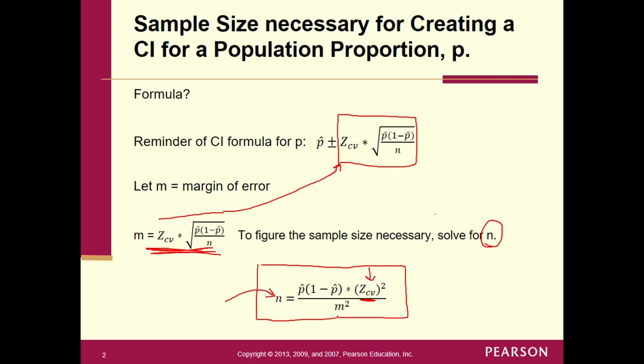Then here is m squared. What is m? That's the desired margin of error that we want. So if we have an idea of how large of a margin of error we want, we can sort of back into how large of a sample size we need. We'll go over that here in a little bit.